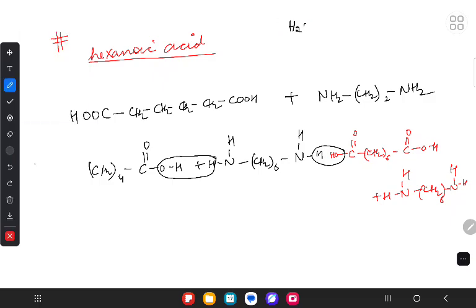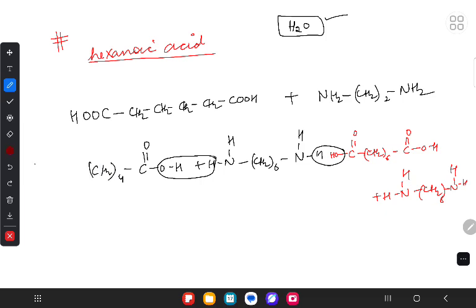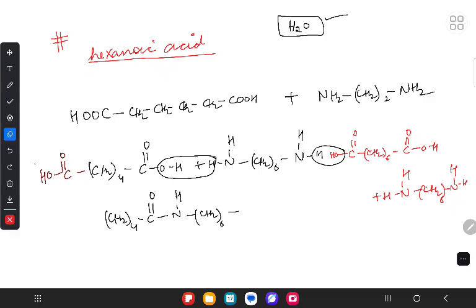So when we remove water, what kind of structure do you think we're going to have? We're going to have CH2 whole 4, C double bond O, then NH, CH2 whole 6, then again NH.